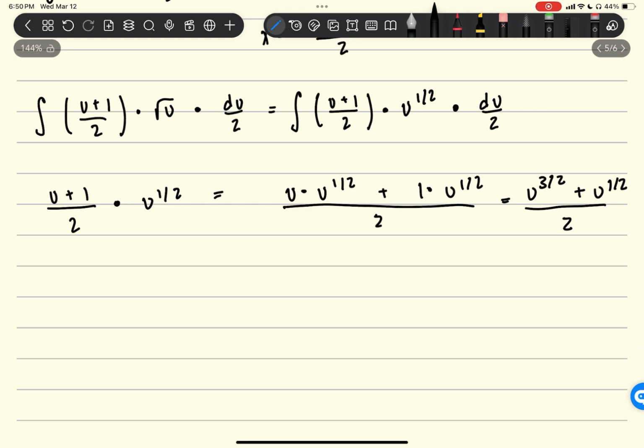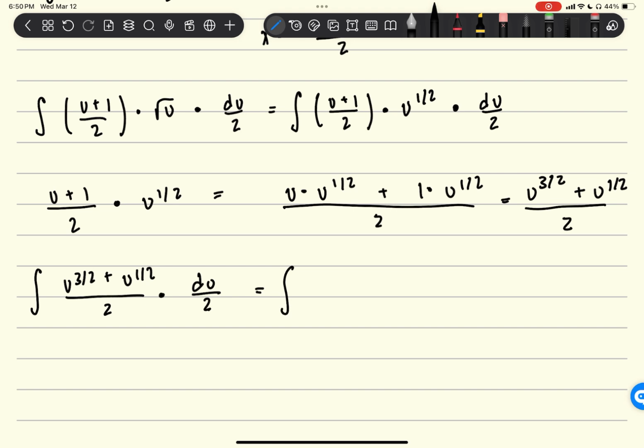Now, let's substitute this value back into the integral. So we're going to have the integral of u to the 3/2 plus u to the 1/2, divided by 2, times du divided by 2. All right, so the last step before we can evaluate this integral is to multiply these two terms together. The numerator isn't going to change that much.